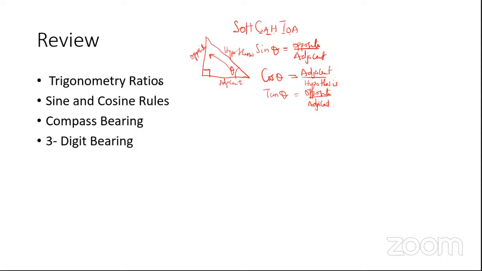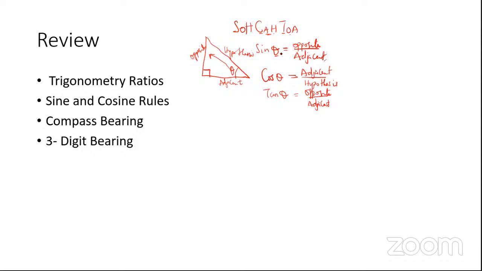So that is everything we need to know about trigonometric ratios. Here you can see that in each of the formulas, we have theta, opposite, adjacent, 3 parameters. So anytime we need to use any of those, we must be given 2 out of those 3 parameters.